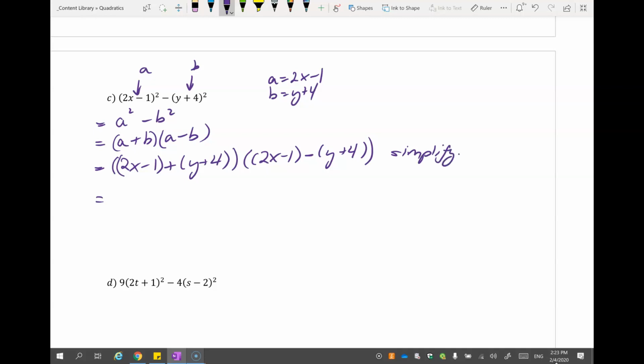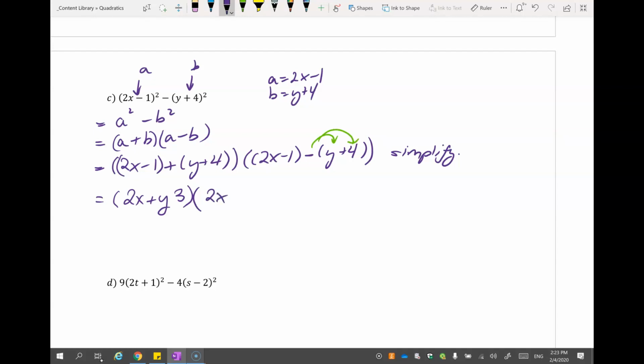So we're just going to open up all the brackets and add up our terms together. The 2x doesn't have a buddy to go with it. It's just standalone because there's nothing else that's similar. There's no like terms. Same with the y, but we can do -1 plus 4, which is 3. So that's one bracket. Here we had to distribute this negative to each term.